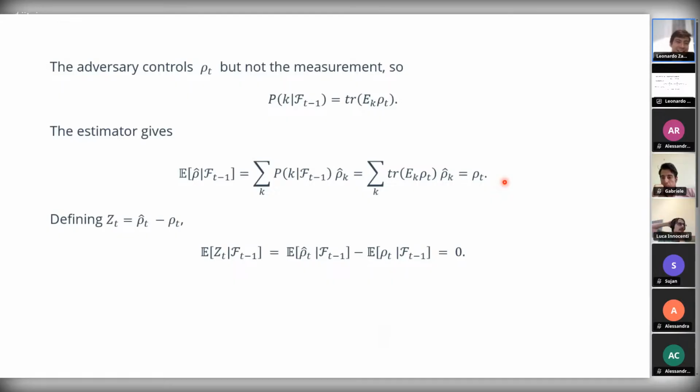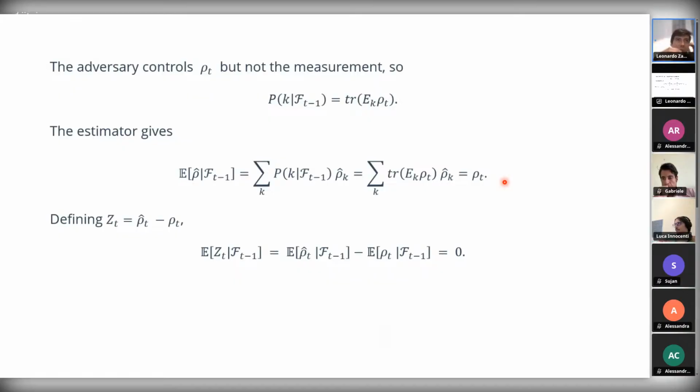So that adversary could change the state from time to time, and if you don't know that the state changed between one shot and the other, you would be estimating different things and get an error. Yes. So if the adversary changes the state, my estimator is still going to be able to estimate it.